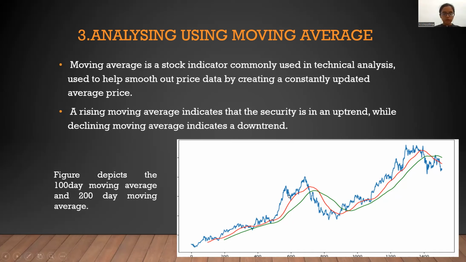In this plot, I have plotted the 100-day moving average and the 200-day moving average. The red plot shows the 100-day moving average, and the green plot shows the 200-day moving average. Here we can see that the 200-day moving average is in an upward trend and in a downward trend also.